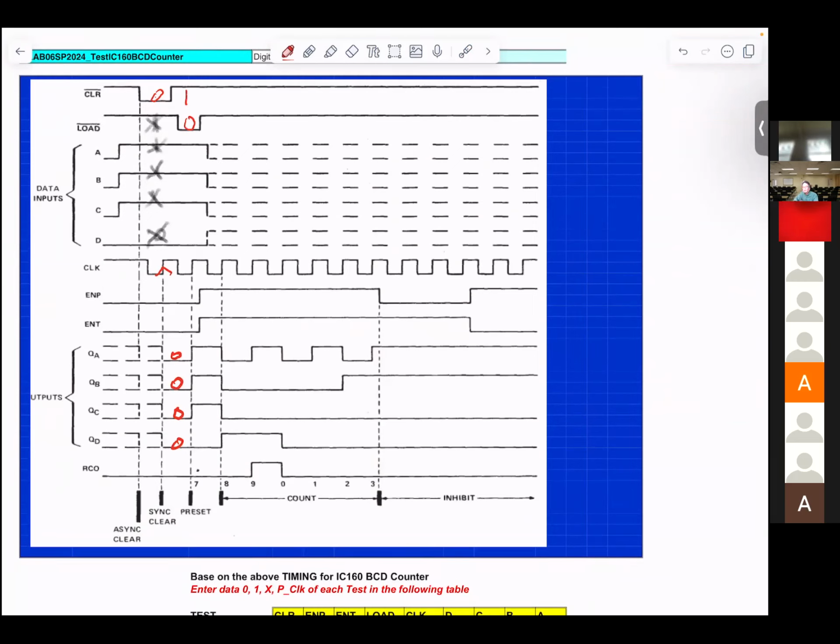Load is the second priority. Second priority. The highest priority is clear. Clear 0, Q must be 0. However, if you want to load any number, then clear must be 1. Now, see what number you want to load.